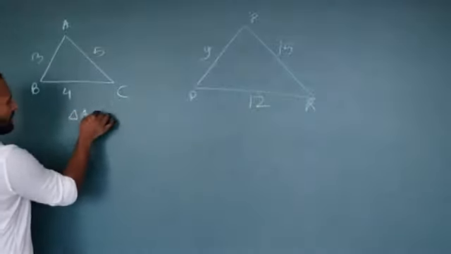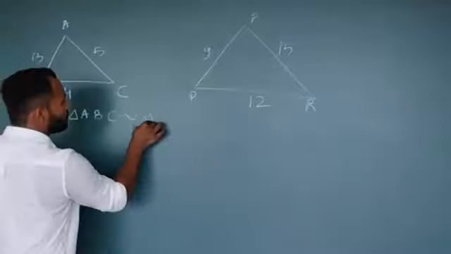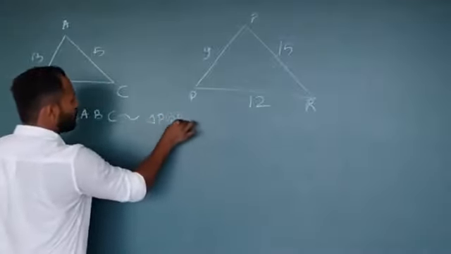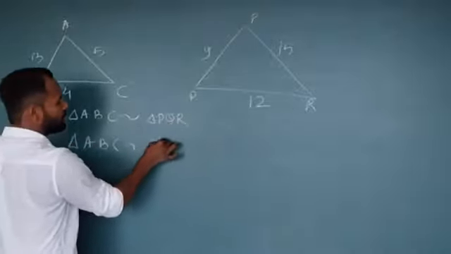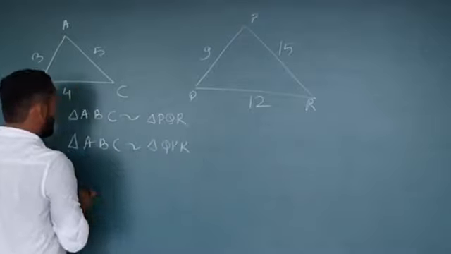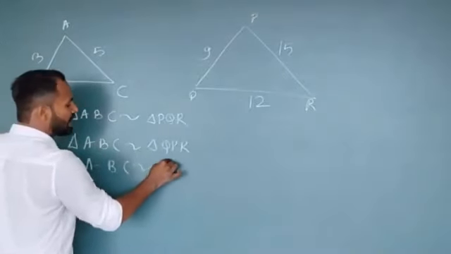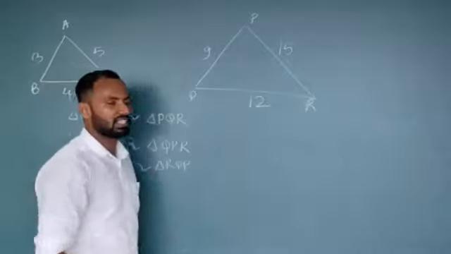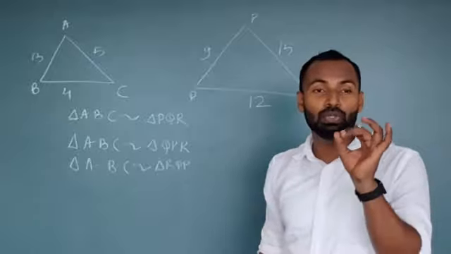The first option: triangle ABC is similar to triangle PQR, where this is the symbol of similarity. Similarly, triangle ABC is similar to triangle QPR. Triangle ABC is similar to triangle RQP.